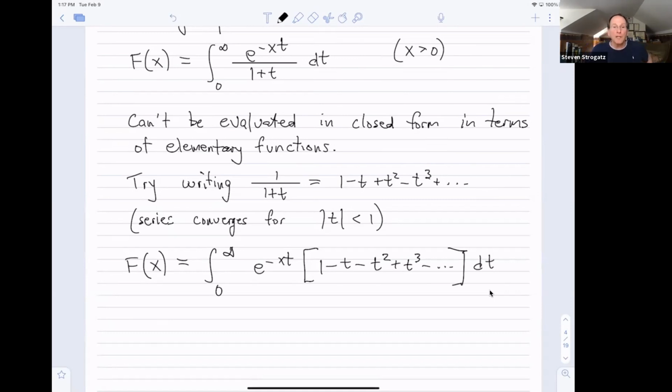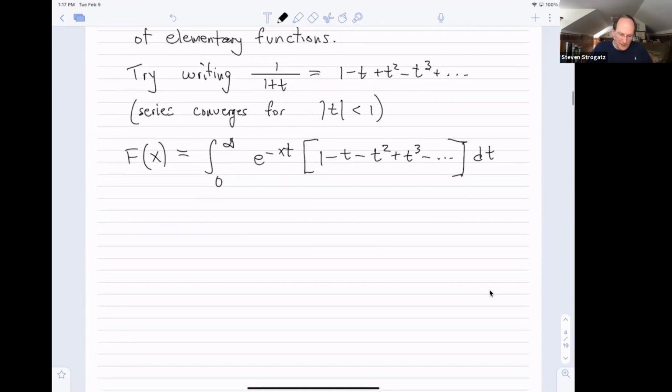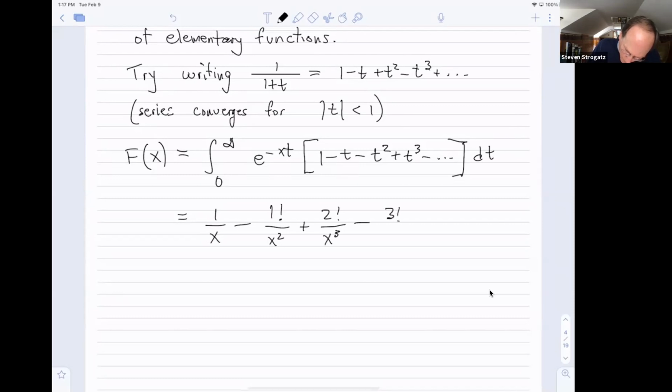Now, each of those terms can be evaluated exactly. Powers of t times e to the minus xt, you may be familiar with that. There's an identity for those. This comes out to be, after we do those known integrals, 1 minus 1 factorial over x squared plus 2 factorial over x cubed minus 3 factorial over x to the 4th, et cetera.